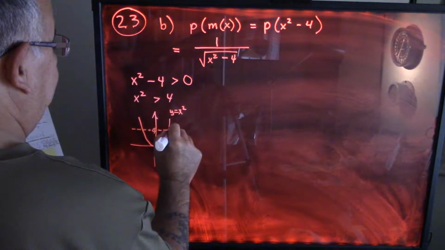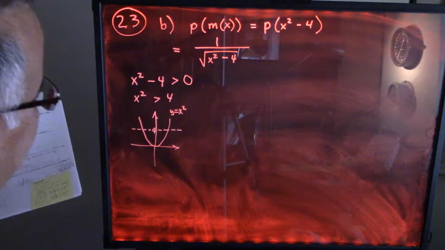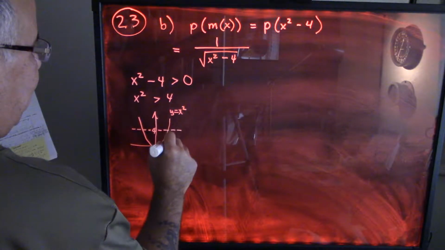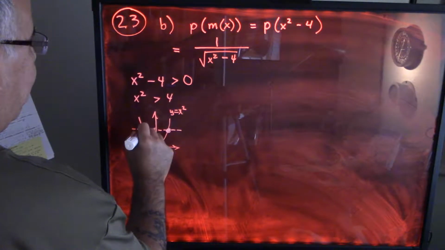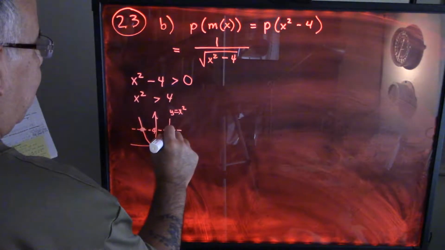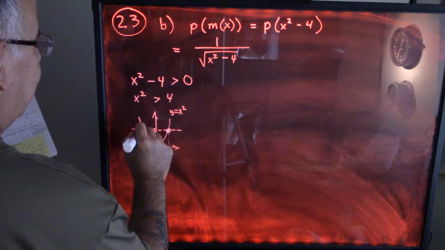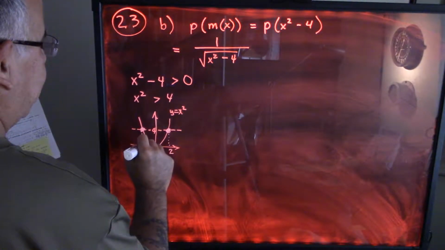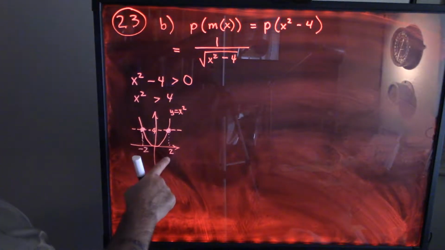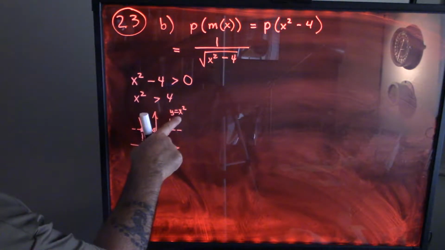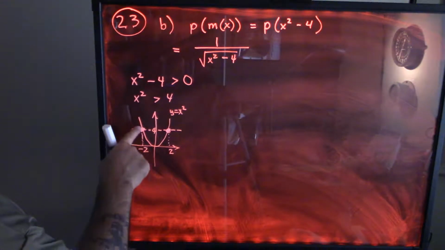Pretending because I don't really have graph paper here, and I don't really need any graph paper. Alright, now what's the x value at these 2 points here when y equals 4? Well, it would be the square root of 4, which is 2 here, and it would also be the negative square root, which is negative 2. Alright? Because when you square the 2 you get positive 4, and when you square negative 2 you get positive 4.